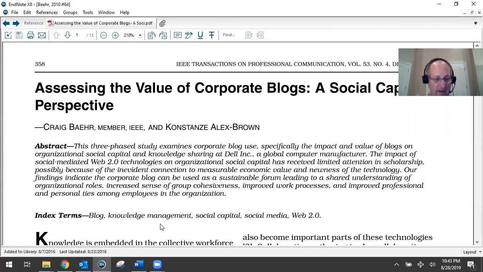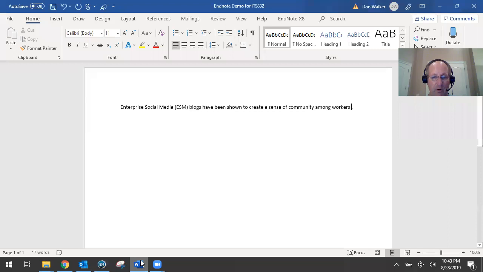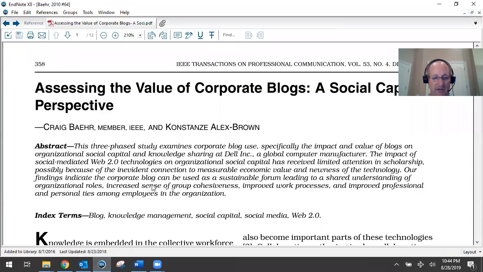Now, I would say that what I said in Word, a sense of community, is a good way to paraphrase what they said here, a sense of group cohesiveness. And improved work process, improved personal and professional ties among employees.